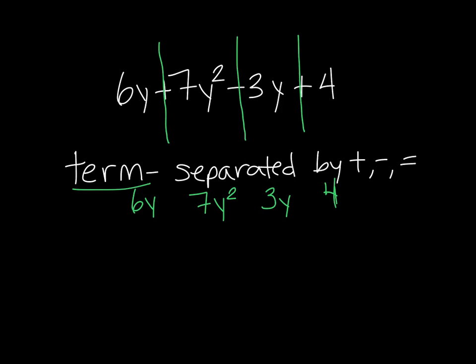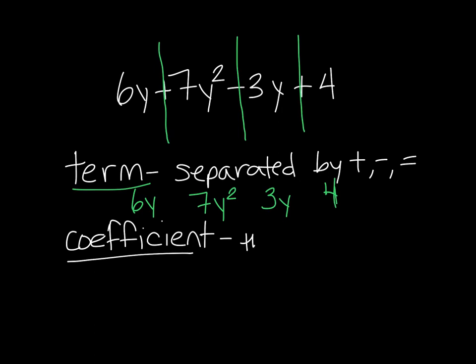It's a grouping of your letters and numbers, and they're grouped together because they're separated on the other sides of them by pluses and minuses and equal signs. Okay, then we have another word. It's a big word, but we're going to use it a lot, so I really need you to be comfortable with it. And this word is coefficient. Coefficient is the number in front of a variable.